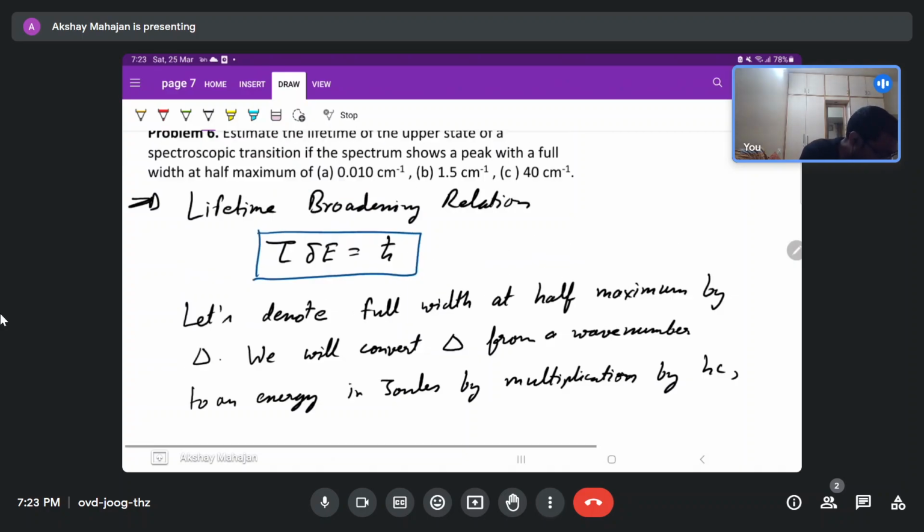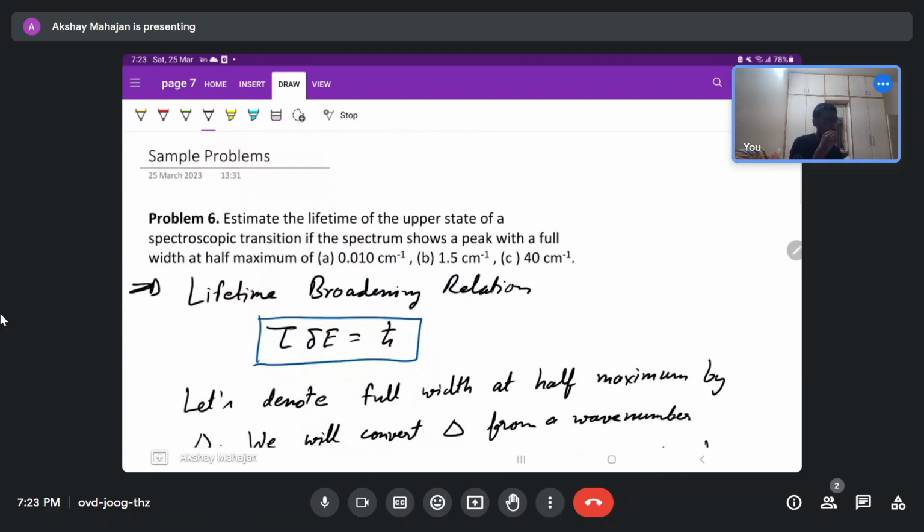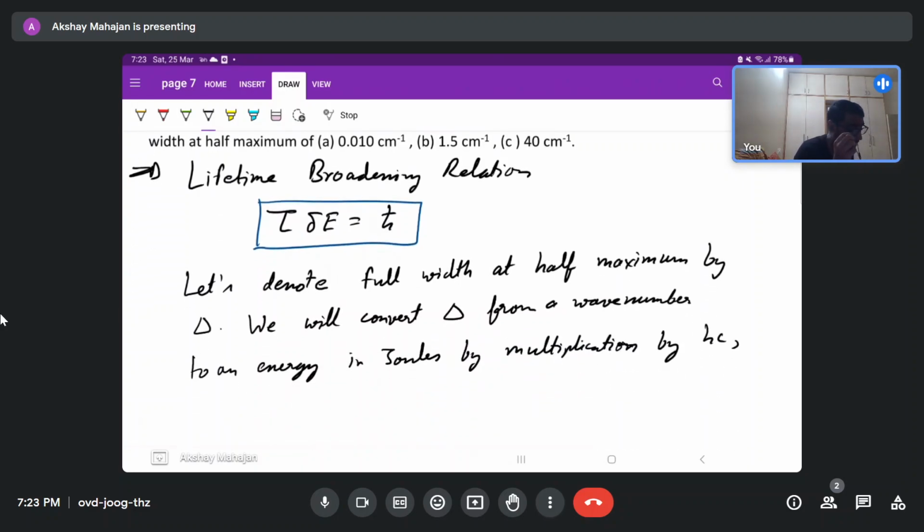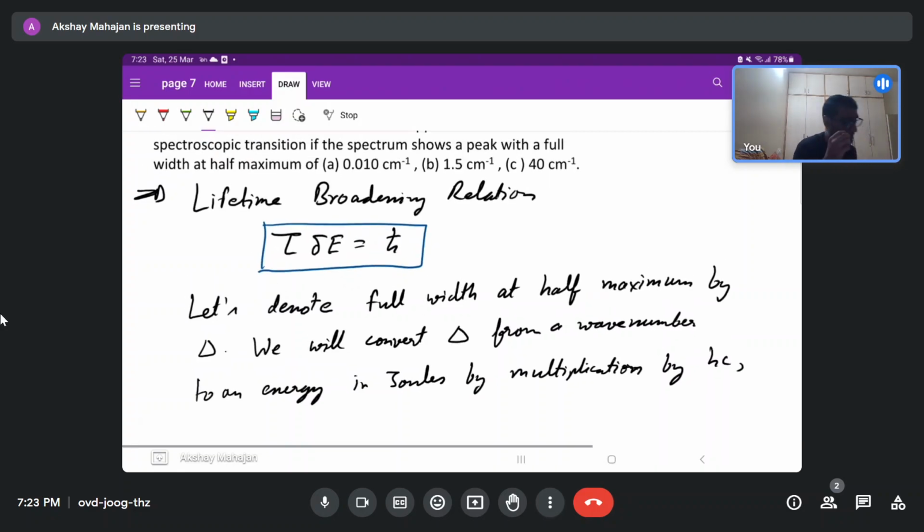Basically, the full width at half maximum is the uncertainty in the energy.